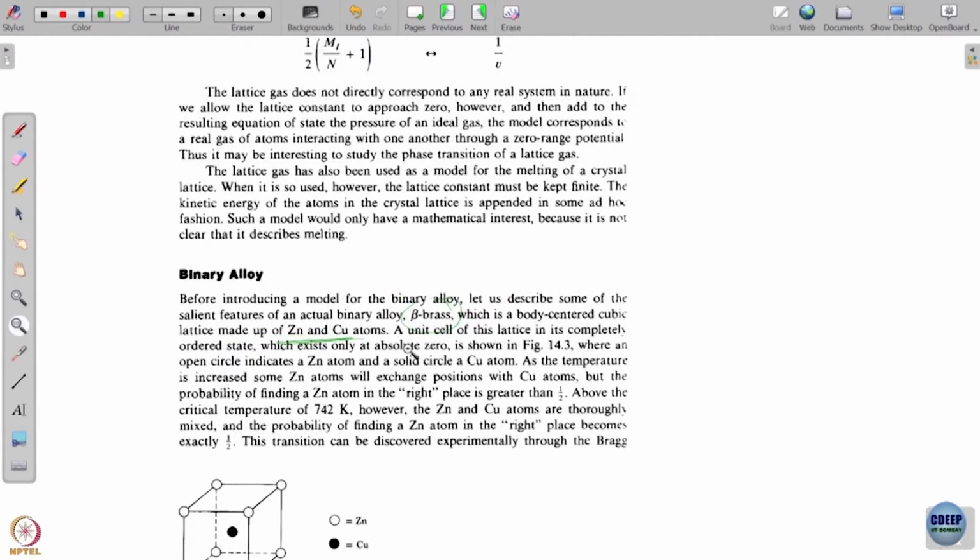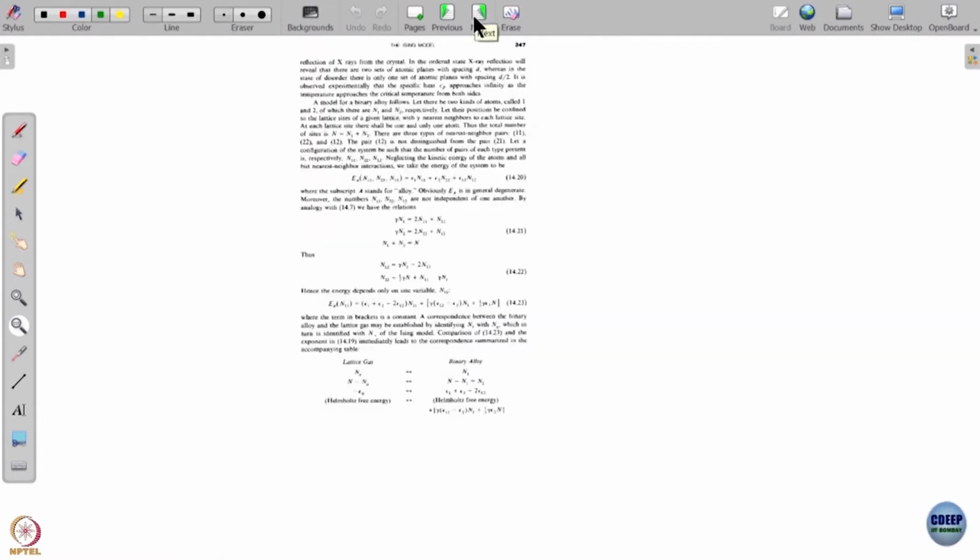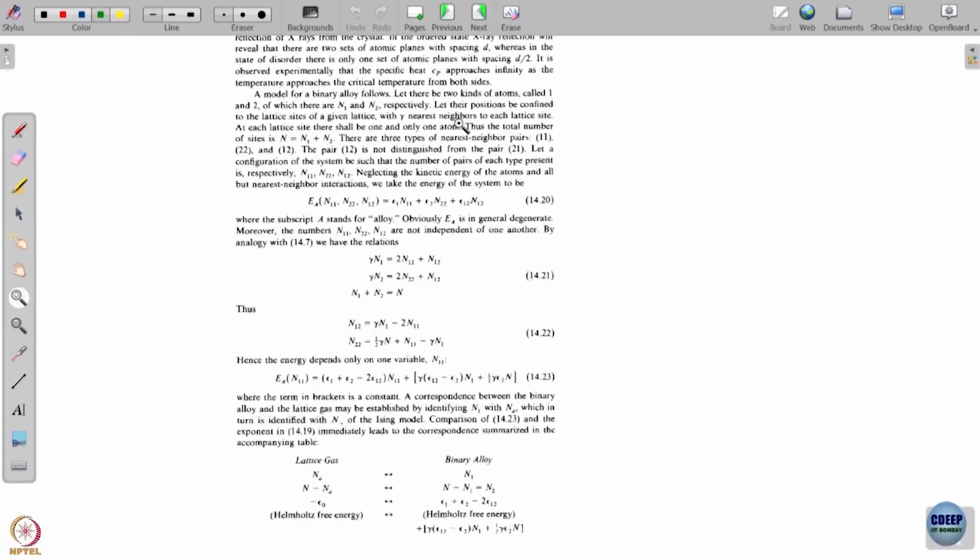I can now consider the order-disorder transition that takes place at 742 Kelvin in this case. You can immediately see that my up spin could be copper and my down spins are zinc, or the other way around, and I can again write down a Hamiltonian. Sure enough, I write it down exactly the same way.